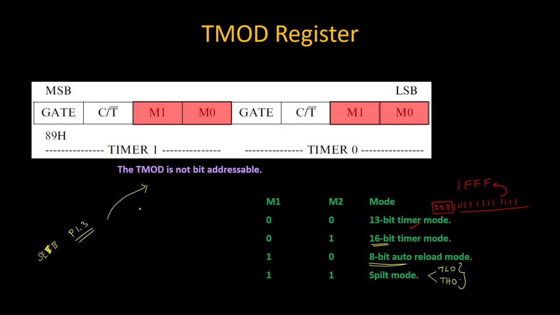You have to give all the values, then only it can take them. But your TCON register is a little bit different, and we can see that also. So this is going to give us gate, and it is going to configure your timer or counter. So these are two different selections of timer modes and configurations for timer 0 and timer 1.